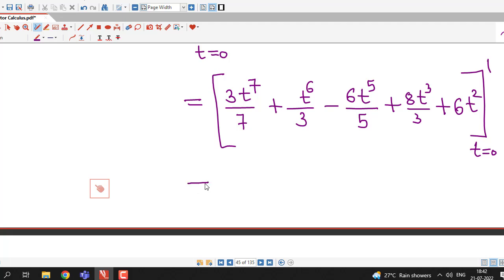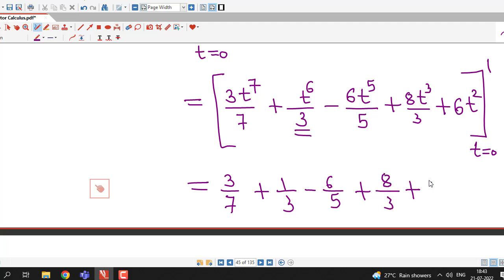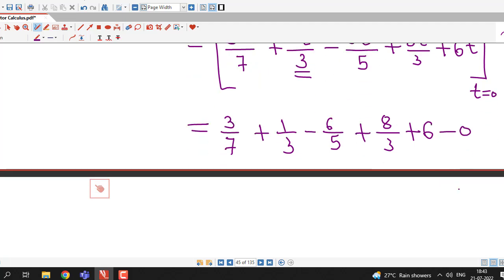Now we put upper limit t equal to 1, which is 3 by 7, this will be 1 by 3 minus 6 by 5 plus 8 by 3 plus 6. This is for upper limit, and minus lower limit is t equal to 0.